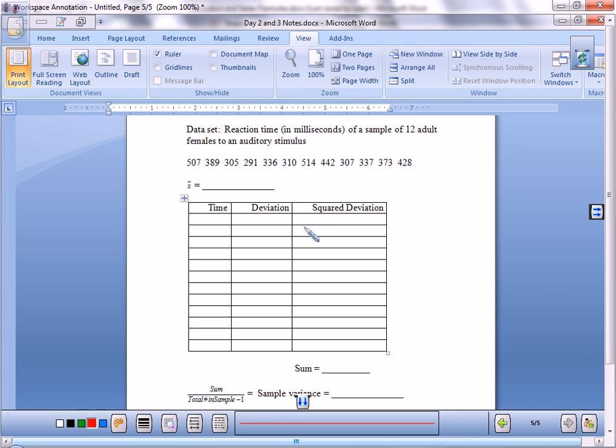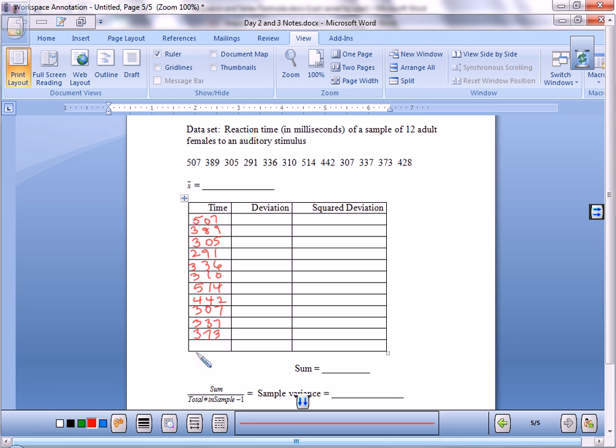So, we've got these times. We've got 507, 389, 305, 291, 336, 310, 514, 442, 307, 337, 373, and 428.